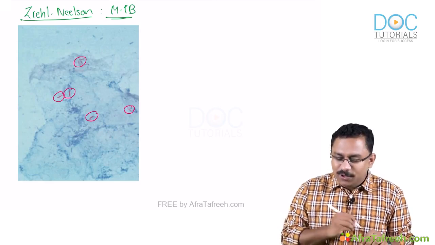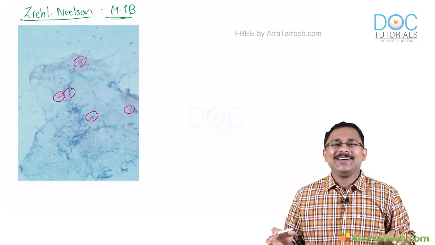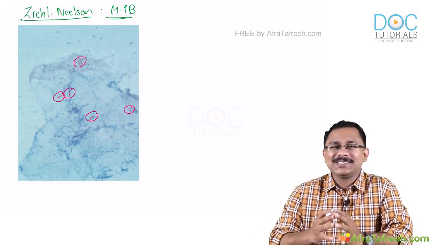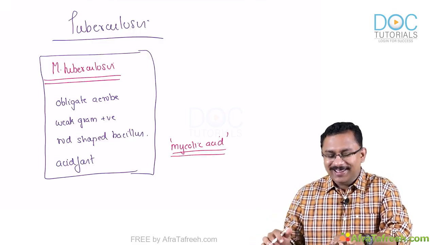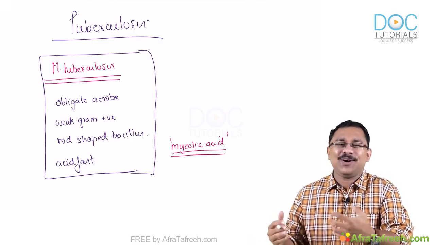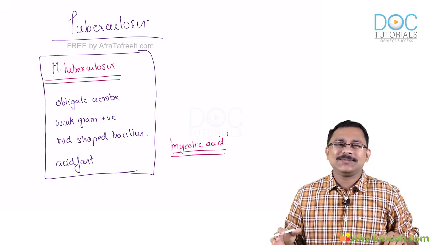Are you able to appreciate? So these tiny bacilli, the Mycobacterium tuberculosis, are causing such an impact in the health scenario. All right, having understood and having met our organism, let's go and explore the disease.